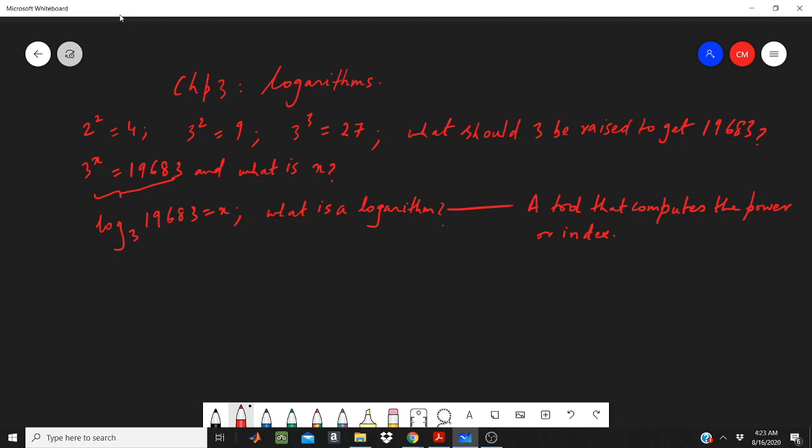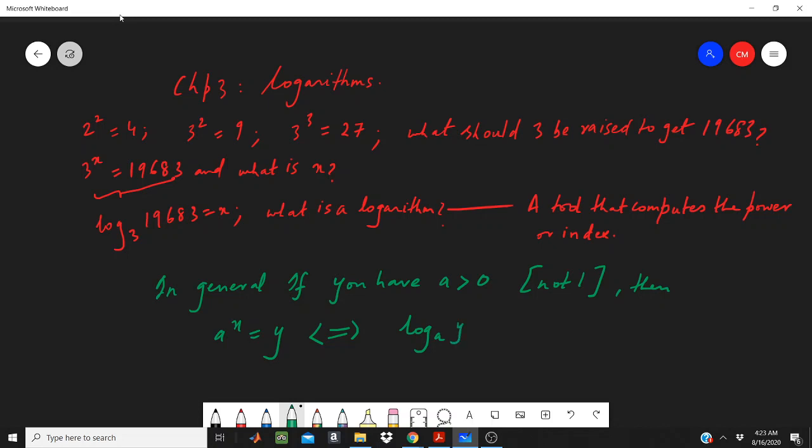So in a general situation, if you have a greater than 0, and a cannot be 1, then a to the power x equals y is just the same as writing log of a y equals x.